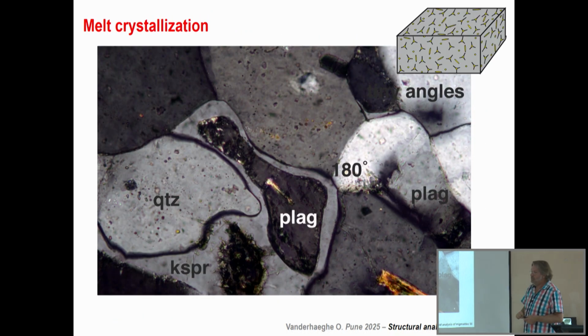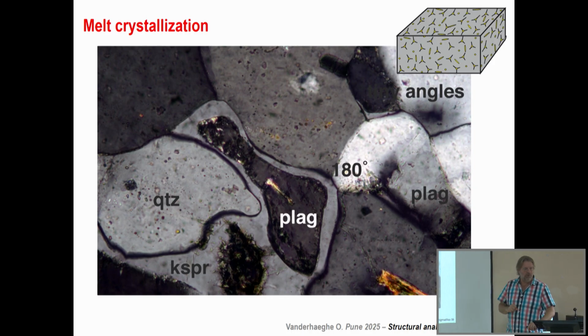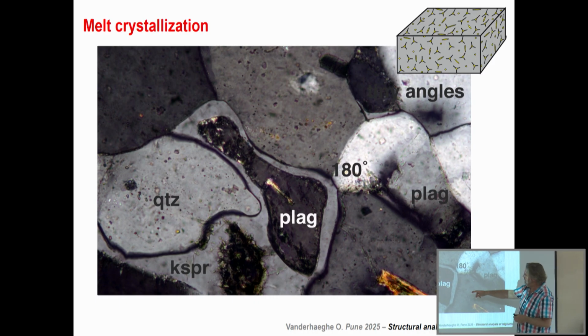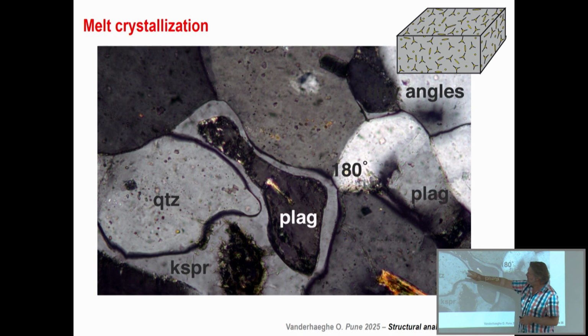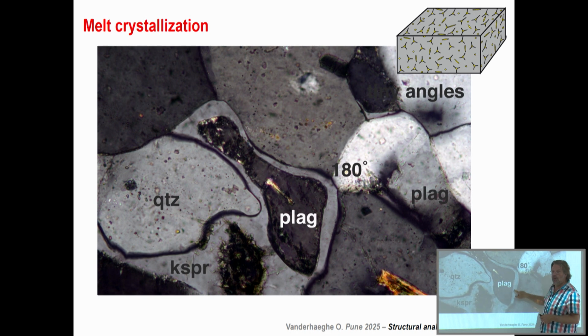So, to find textures that preserve the melt-crystal coexistence, you really need to seek for it. This is a very good example where you have a K-feldspar film around plagioclase and quartz. So most obviously this crystallized from a melt.